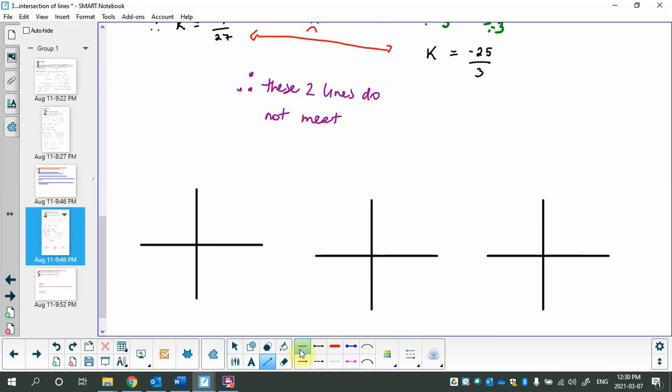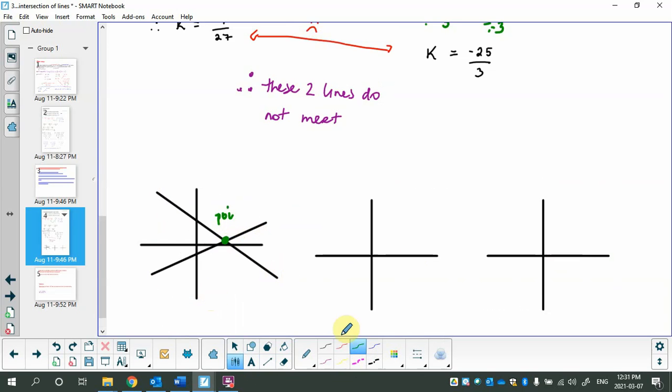You either had two lines meeting in a point of intersection, or you had two lines that were parallel, in which case they didn't meet at all.